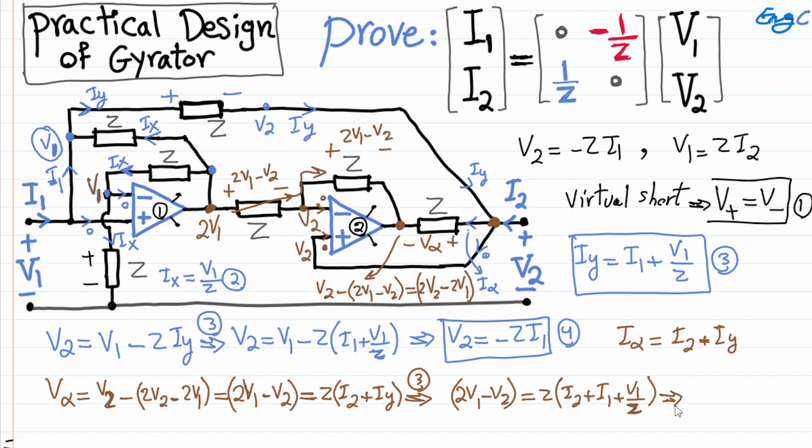So what I get is V1 minus V2 is equal to Z times I2 plus Z times I1.